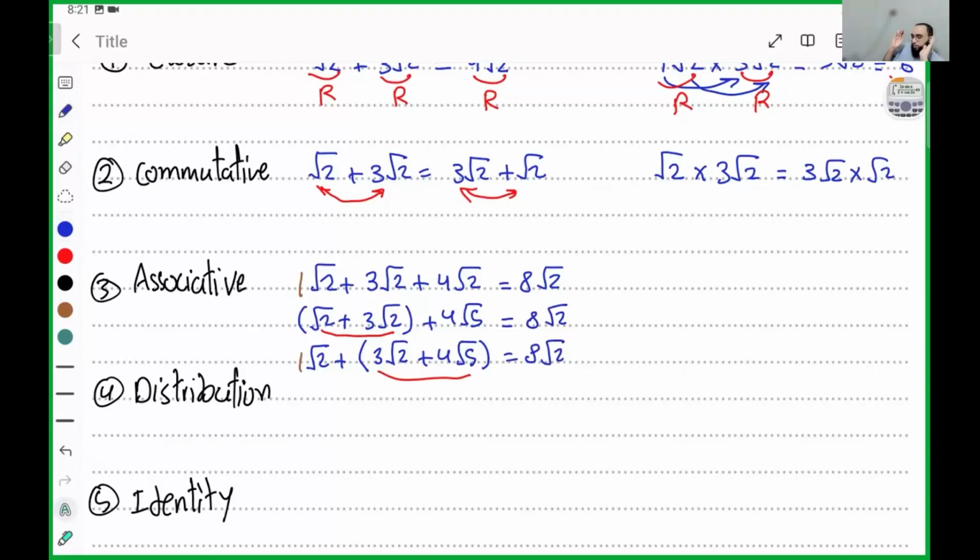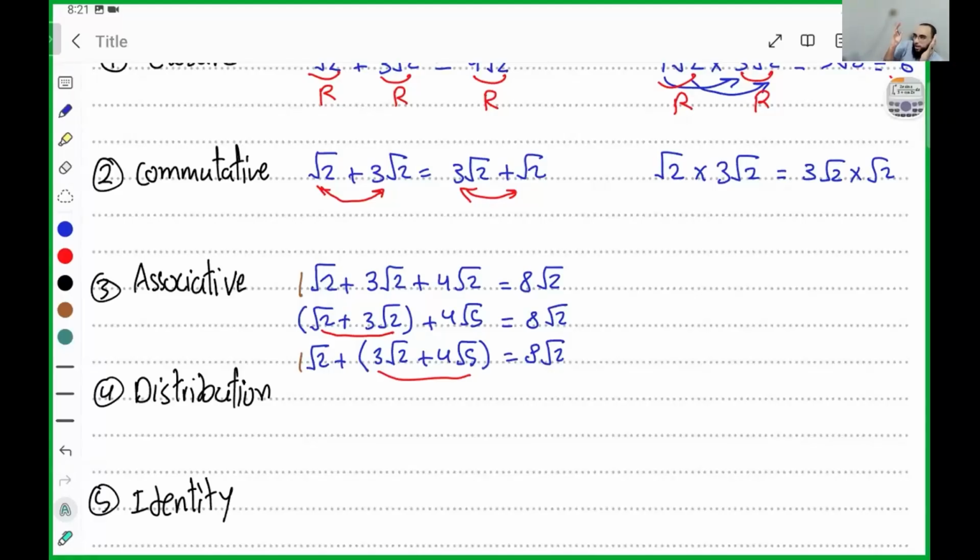So if you add the first and the second, it gives you the same answer as adding the second and the third. If you add the first two numbers together and then add the third one, or add the second with the third firstly and then add the first to them, it is the same.